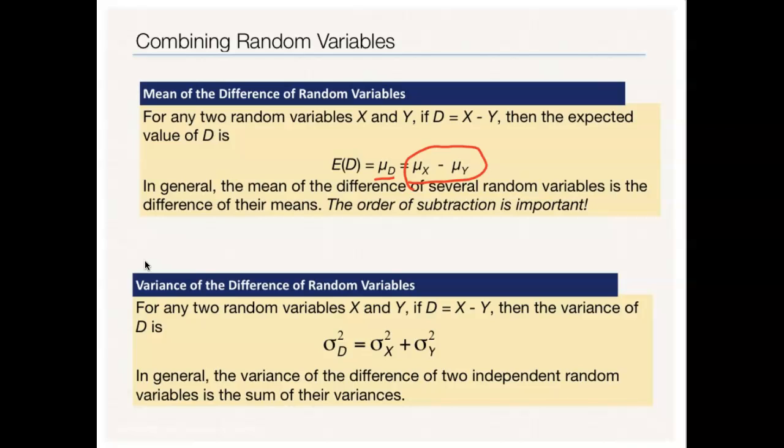But to find the standard deviation, you still do the same thing as when you combined to find the standard deviation of a sum, which is you add the variance, and that'll give you the new variance. And to find the standard deviation, then you take the square root, okay? So even when you're subtracting, to find the new standard deviation, you add the variances and take the square root.